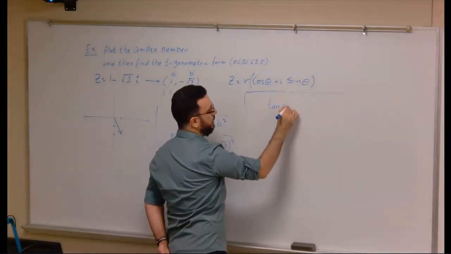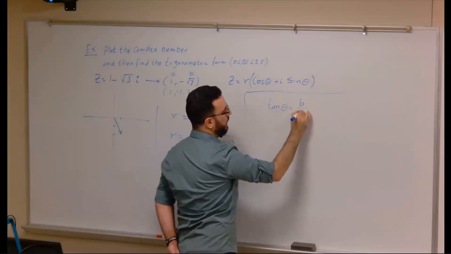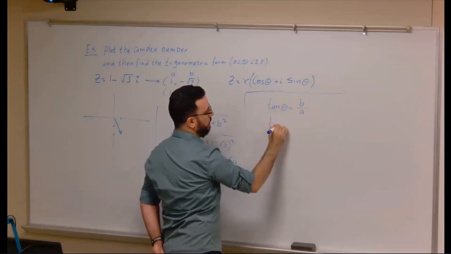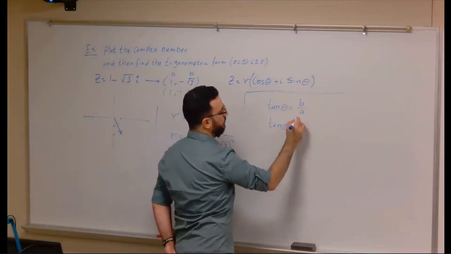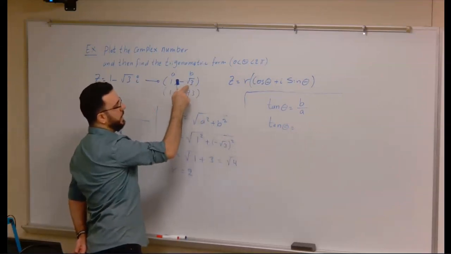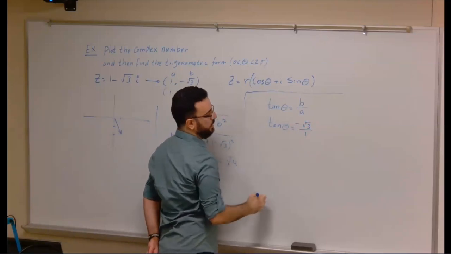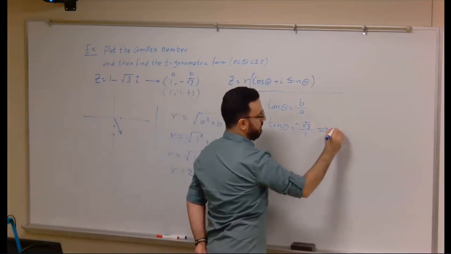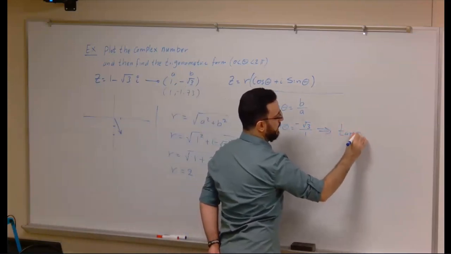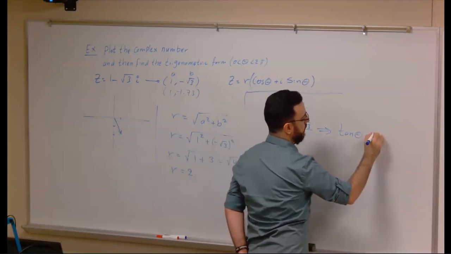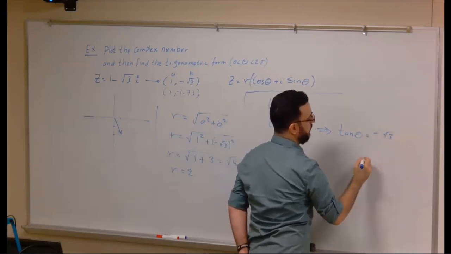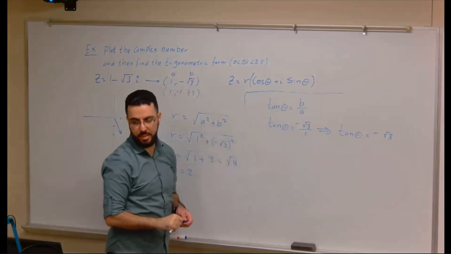Tangent theta equals B over A. B is negative square root of 3, and A is 1. So tangent theta is going to be equal to negative square root of 3. Now tell me, how much is theta?